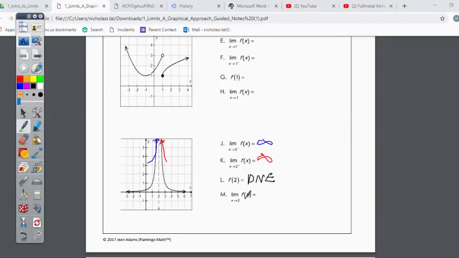So the limit as x approaches 2 of f of x is equal to infinity or does not exist. Let's do an explanation here because I want to explain this conceptually. In this case, I would just say go with infinity, and this is just because the function is unbounded.